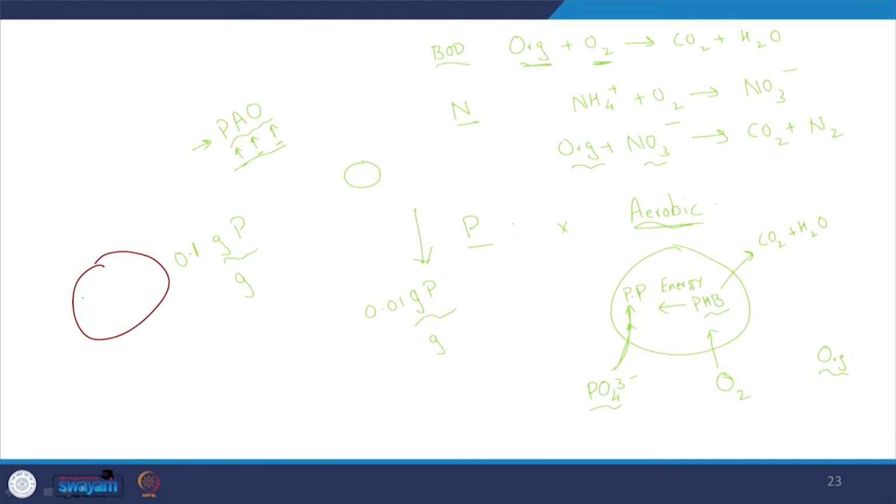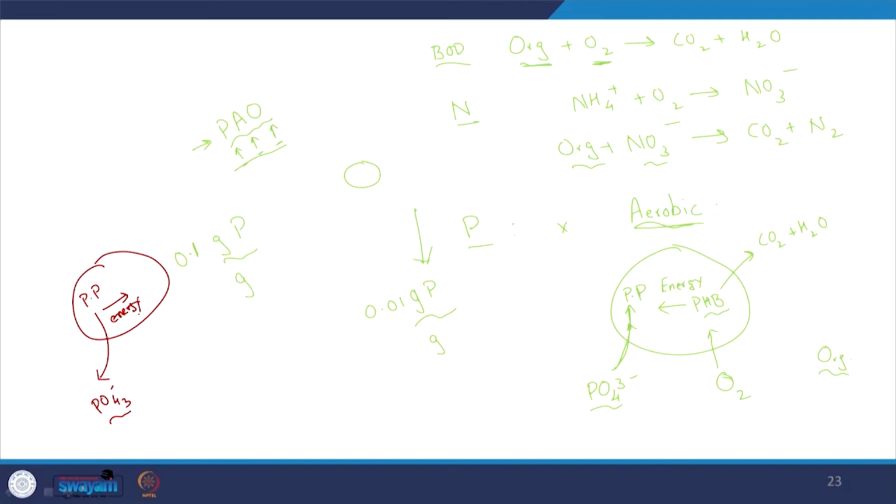So, you have these polyphosphates that were stored, right. During the anaerobic phase, one of the processes is that these polyphosphates are transformed such that phosphorus or orthophosphates are given out, and obviously energy is given out.